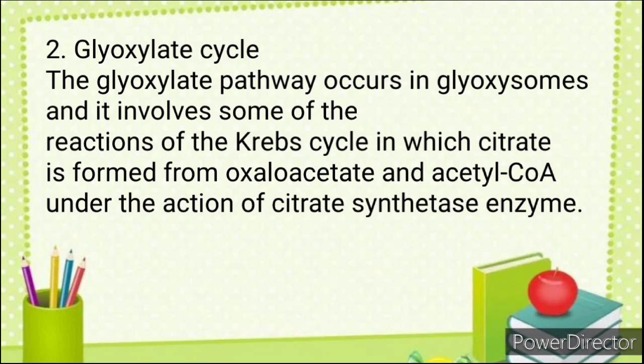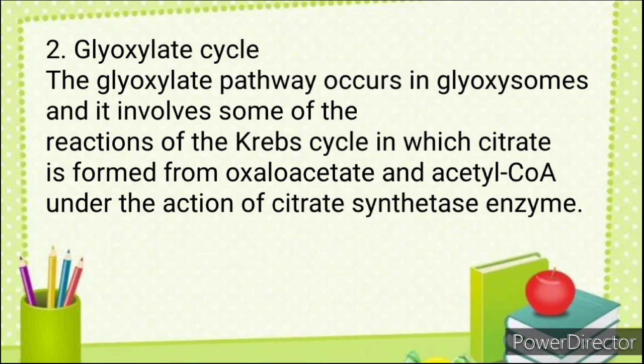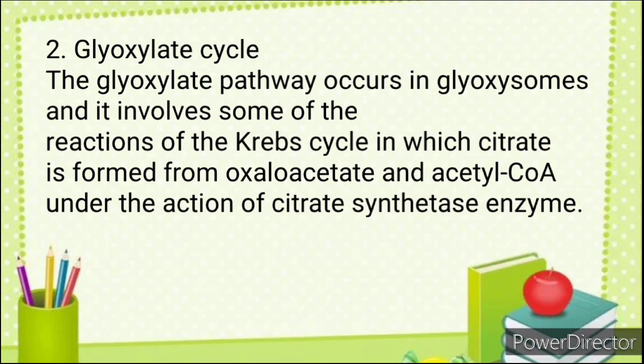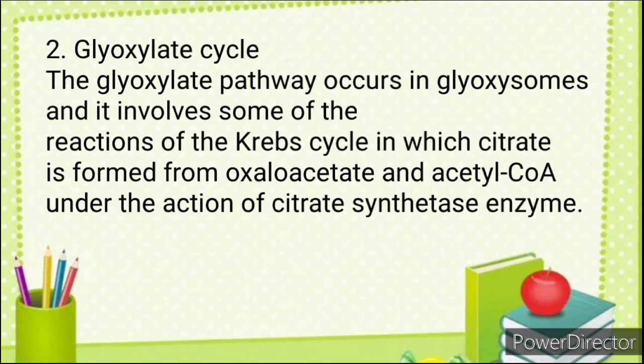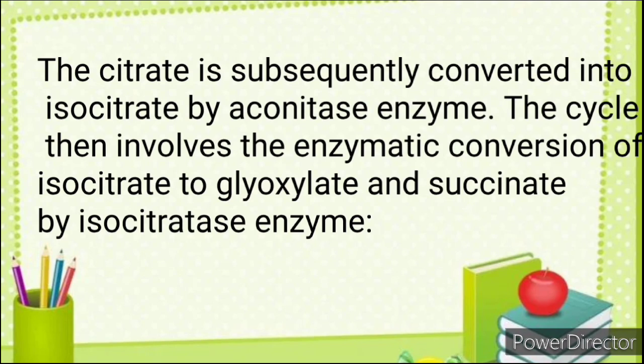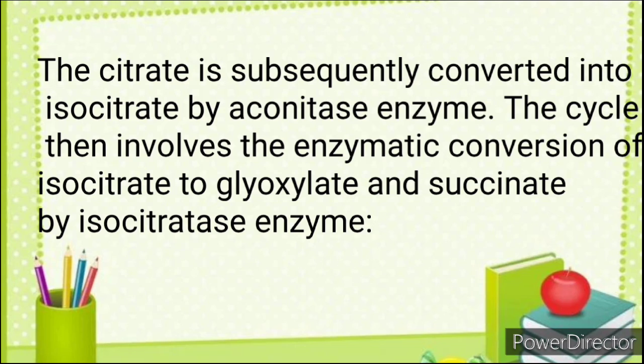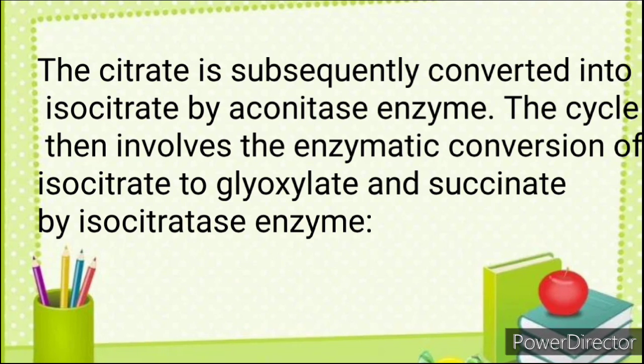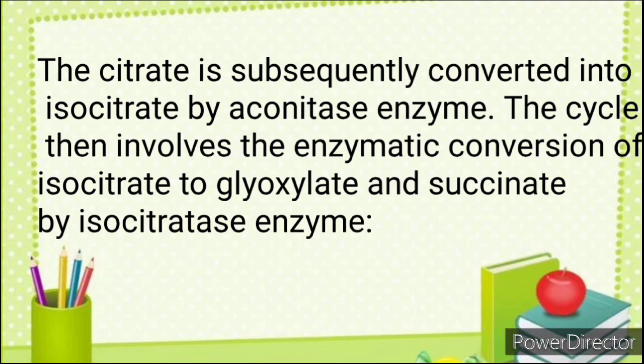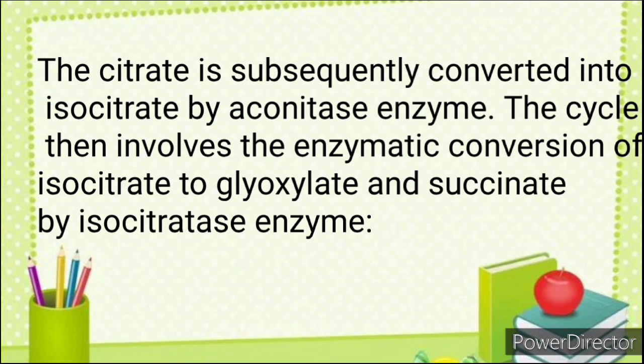Glyoxylate cycle: the glyoxylate pathway occurs in glyoxysomes, and it involves some of the reactions of the Krebs cycle, in which citrate is formed from oxaloacetate and acetyl-CoA under the action of the citrate synthase enzyme. The citrate is subsequently converted into isocitrate by an aconitase enzyme. The cycle then involves the enzymatic conversion of isocitrate to glyoxylate and succinate by the isocitrate lyase enzyme.